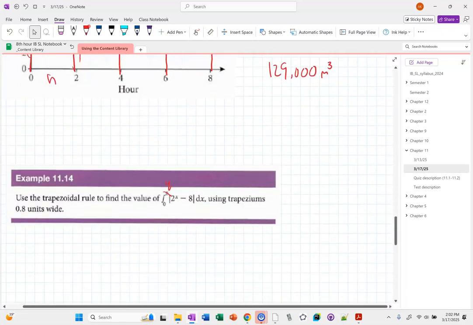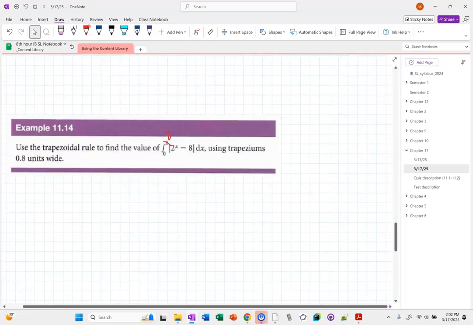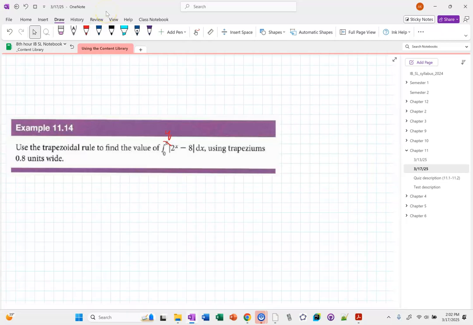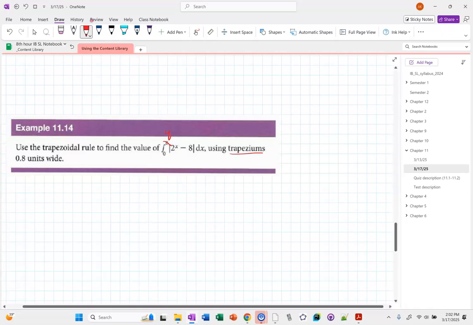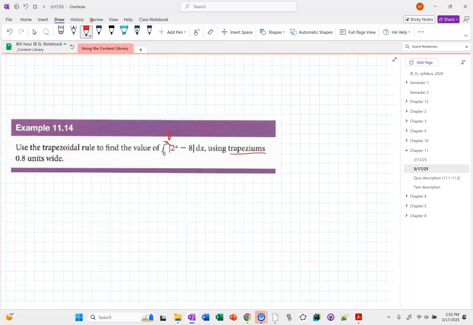Okay, so let's do another one. It says here to use the trapezoid rule to find the value of, and the textbook has a typo to go along with the example, so that should be a 4, not an 8 there. Using trapeziums, that's the international way of saying trapezoid, that are 0.8 units wide.